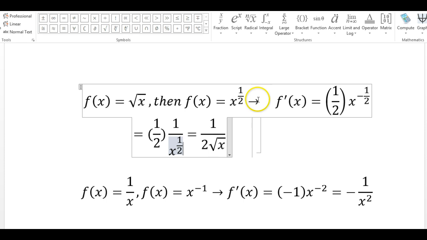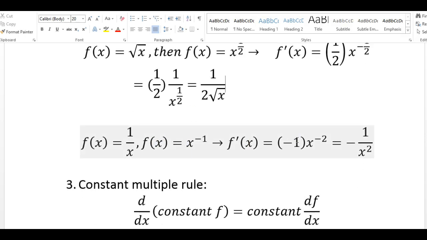Because this negative 1/2 becomes 1 over x to the positive 1/2, but we know that x to the 1/2 is square root x, so it's 1 over 2 square root x. Okay, let's take another example.